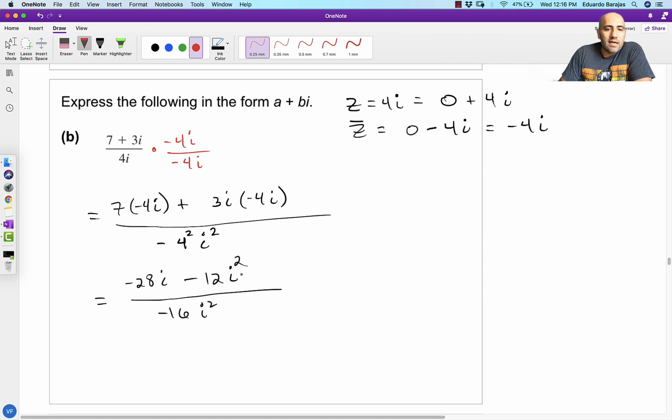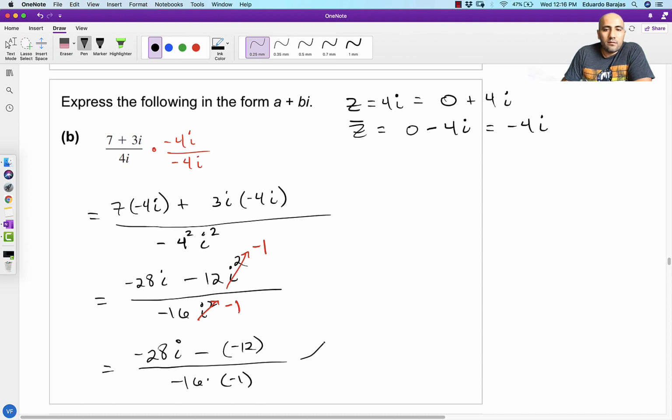And then each one of these i squares can become a negative 1, negative 1, negative 1. And so this simplifies to negative 28i minus negative 12 divided by negative 16 times negative 1. So this then turns into negative 28i plus 12 divided by positive 16.